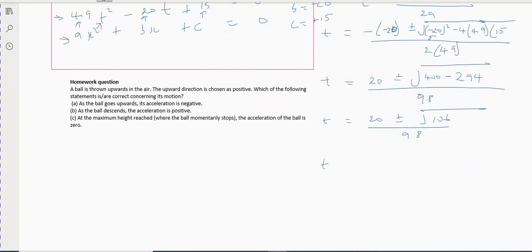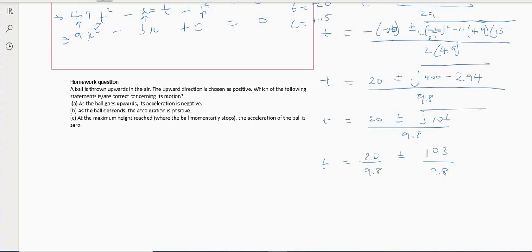So let's say that t is equal to 20 divided by 9.8 plus or minus 10.3 divided by 9.8.